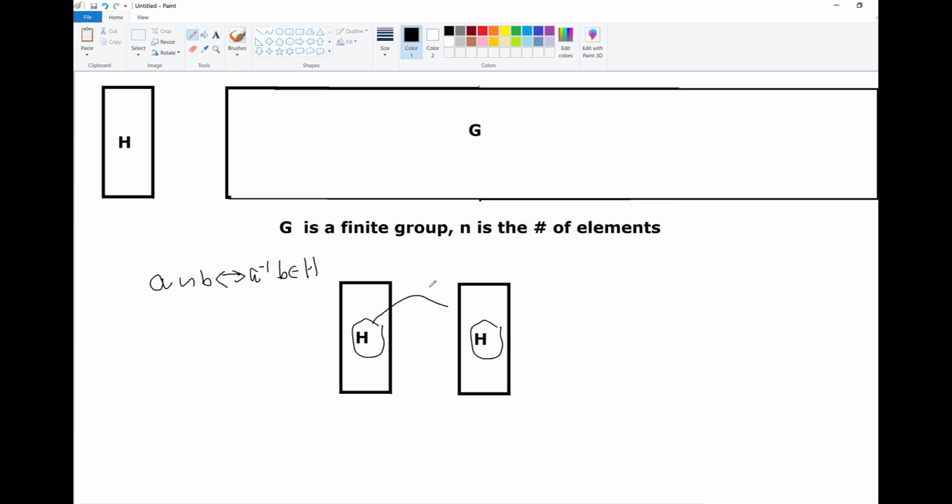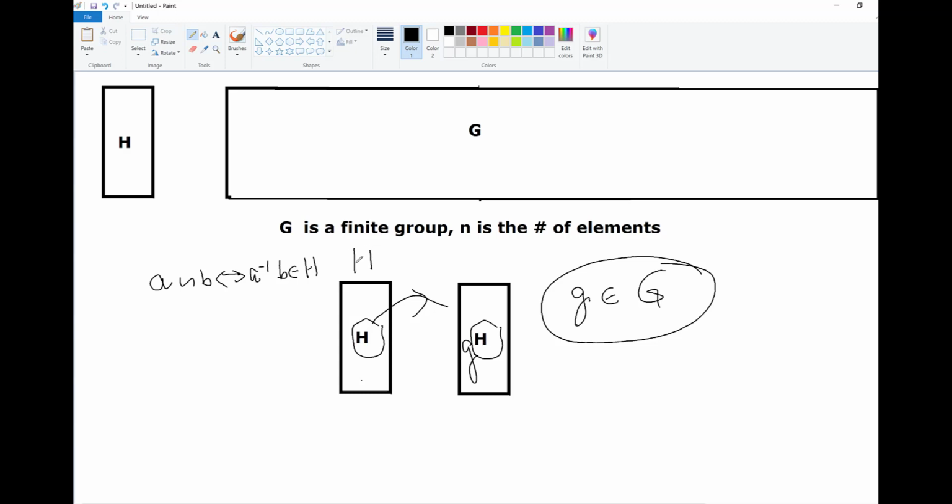So let this be H, and then this be gH, where g is an element of G. In case g belongs to H, then gH will become H, and we don't have anything else to prove. Now say g does not belong to H. Still, the correspondence that we are going to show is going to be true.